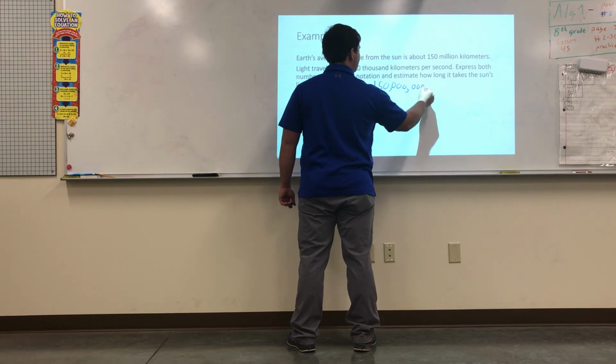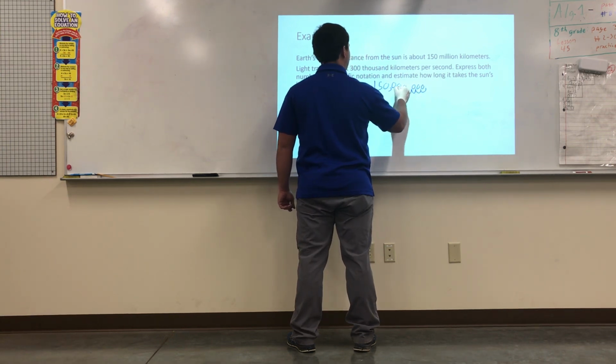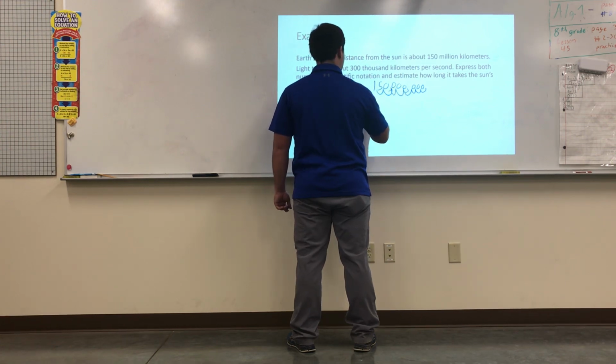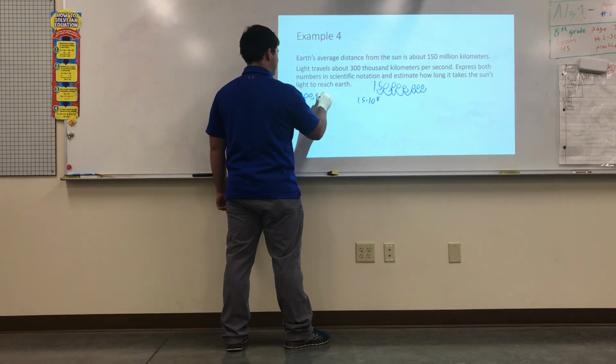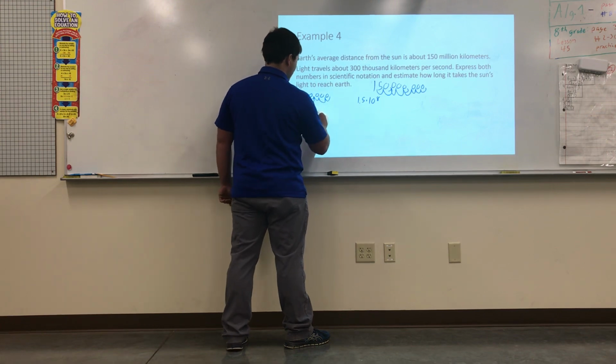Looks like that. So we're going to go 1, 2, 3, 4, 5, 6, 7, 8. Okay, 300,000. We've already messed with this one once. 1, 2, 3, 4, 5.